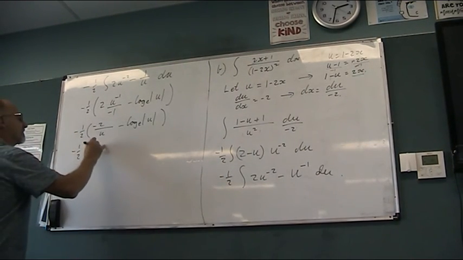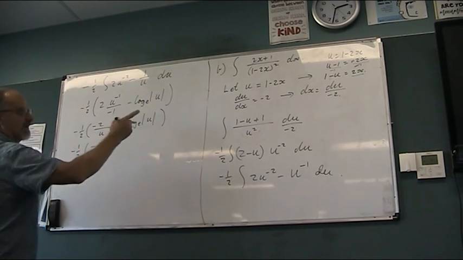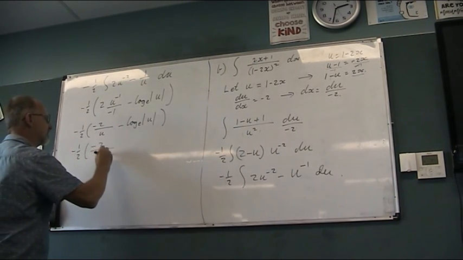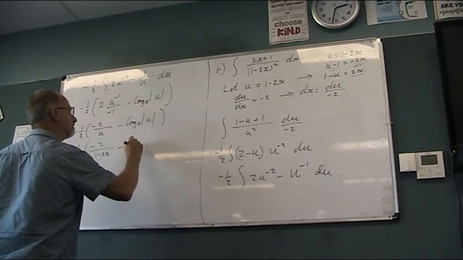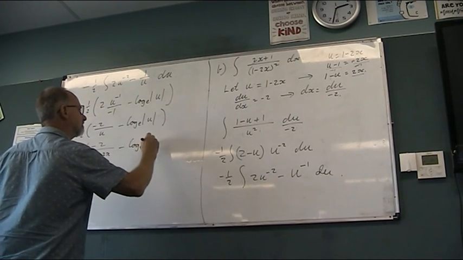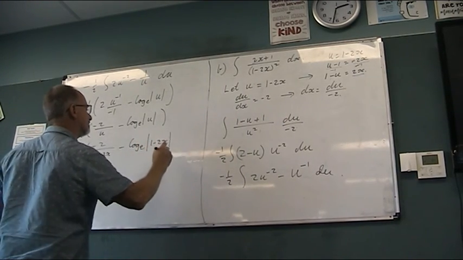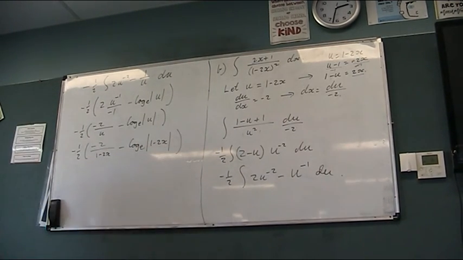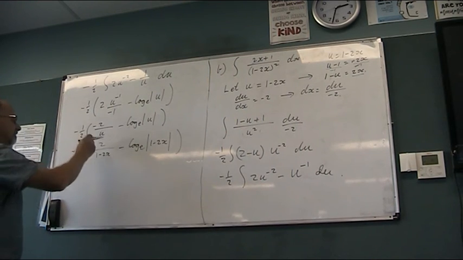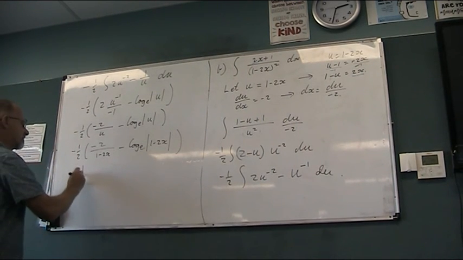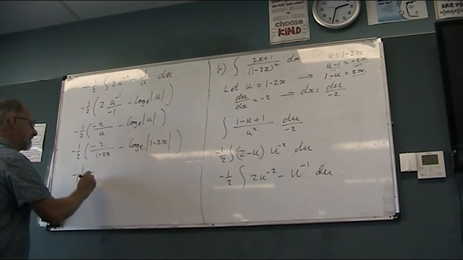All right, let's substitute back. What was it? 1 minus 2x. And then, if you wanted to, you could then multiply that in there. If you multiply that in there, that becomes 1 on 1 minus 2x.